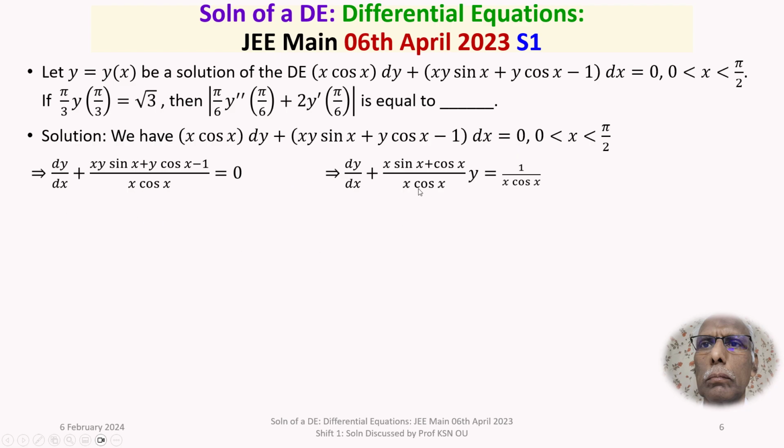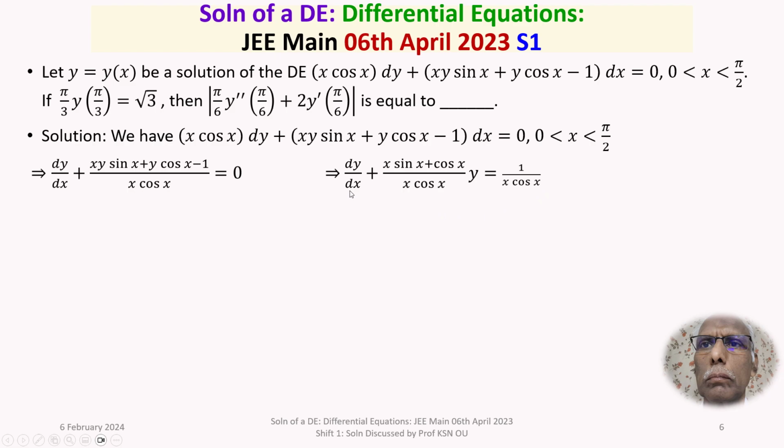In this, the coefficient of y we have taken out. So we have written dy/dx + ((x sin x + cos x)/(x cos x)) y = 1/(x cos x).